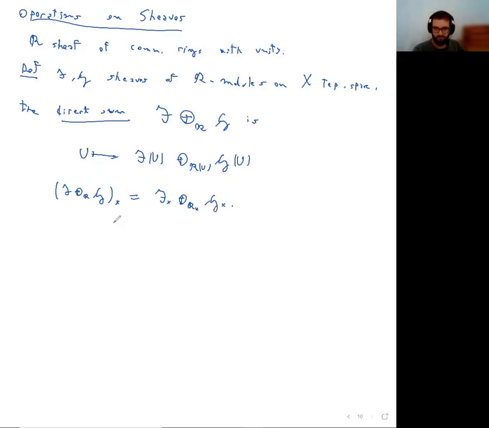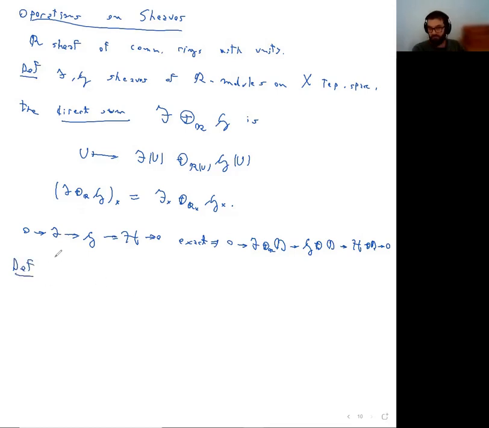Also, if we have an exact sequence of sheaves, then if you sum something to it, that's still exact, with this another module.